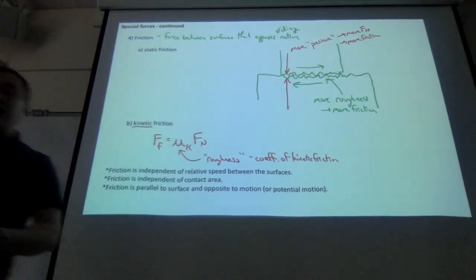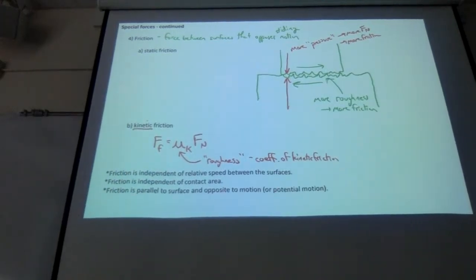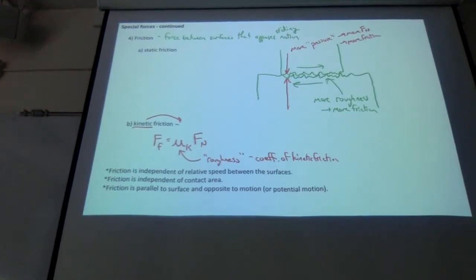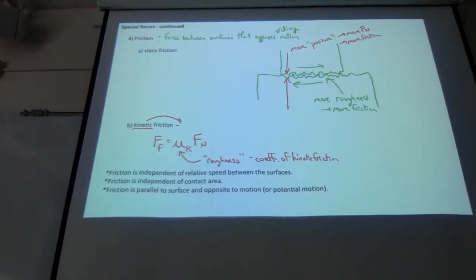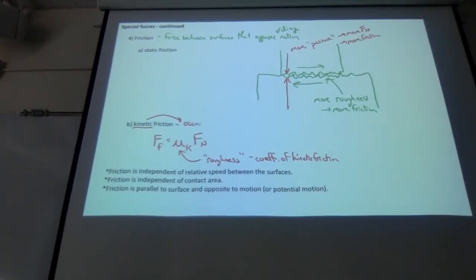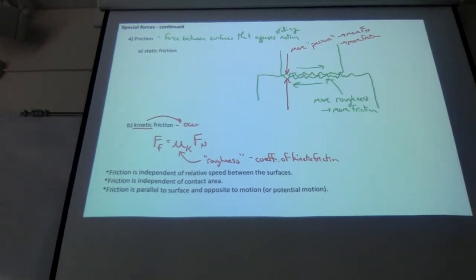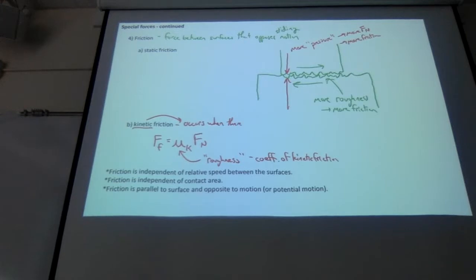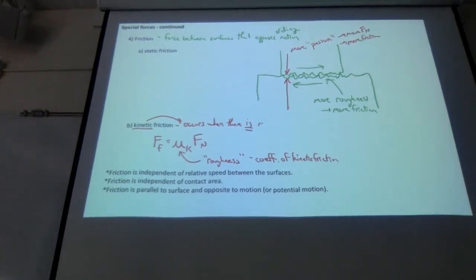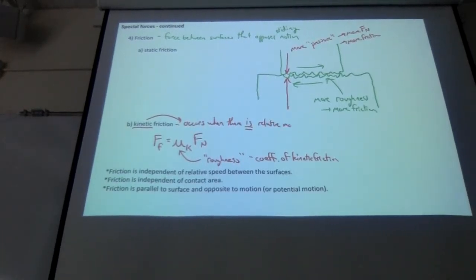So coefficient of kinetic friction, keep in mind, this word kinetic is all about motion. We're talking about a force that occurs when there is relative motion between the surfaces.